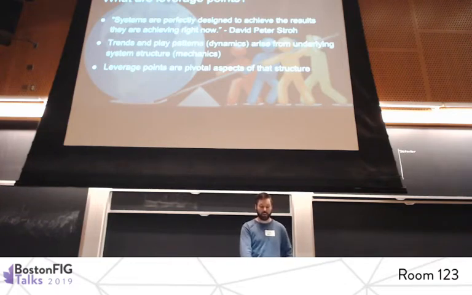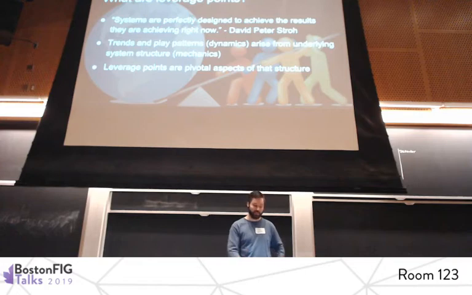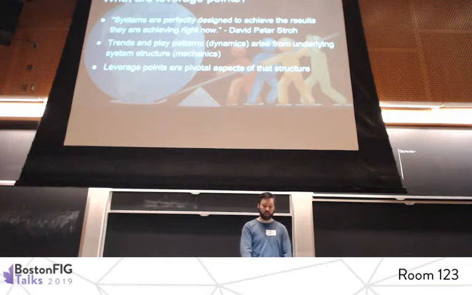Fixing broken systems can often be challenging and counterintuitive. So, I don't want to present leverage points as a magic bullet for accomplishing that. They're certainly not. But they are a fundamental ingredient for reforming the mechanics of your game in order to produce more desirable dynamics and player experiences.